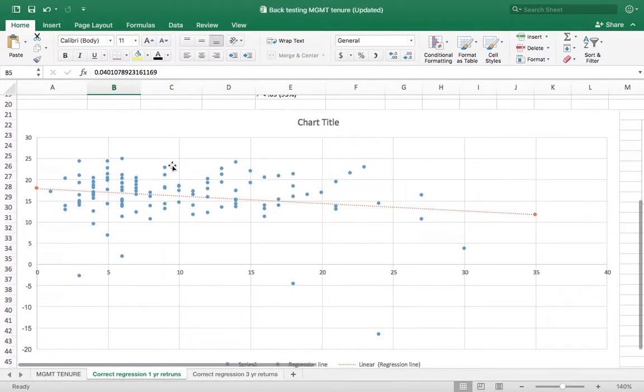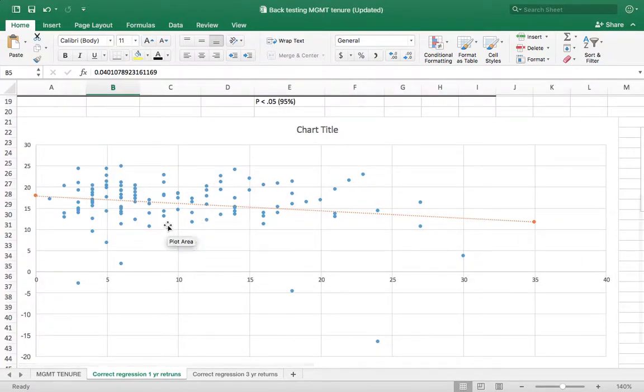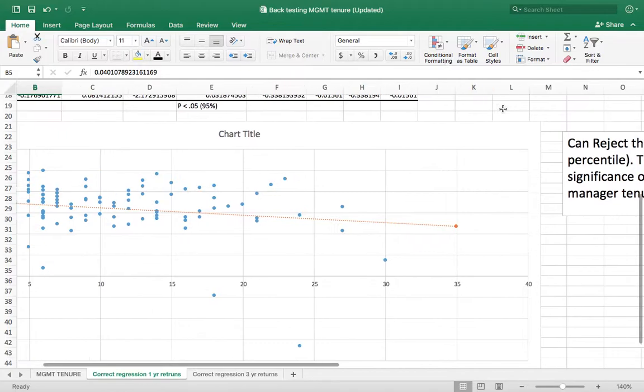So here's our chart, our little graph we did. My regression line is in orange. We see that the slope is decreasing as manager tenure, our X variable, increases. So we have some variation in our points, but overall we're saying that as manager tenure increases, the returns for the 1 year decrease.